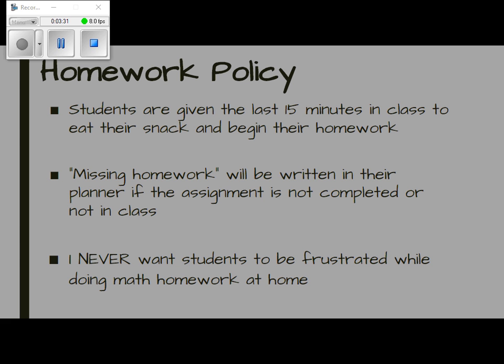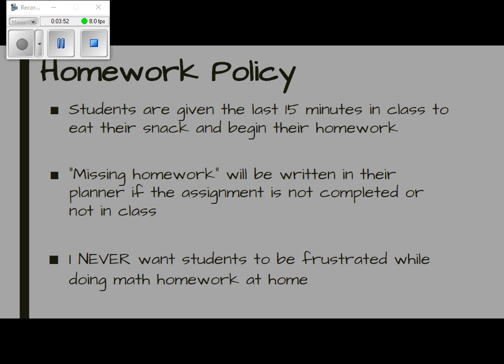If there's more than 2 or 3 late assignments in a week, I might just call or email and make a plan with you or see what's going on. But this is just a communication tool between you and myself. I don't want students to feel frustrated by doing math at home.